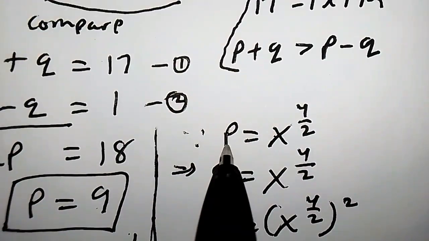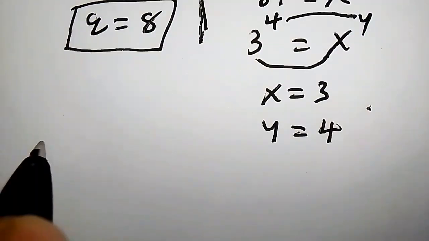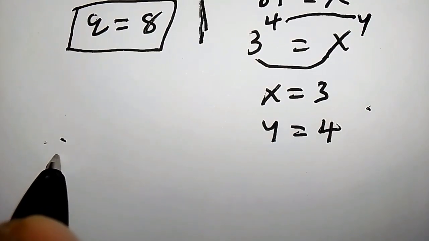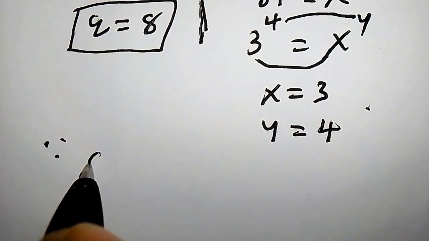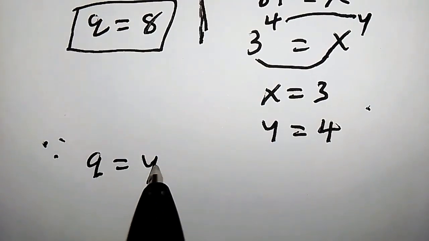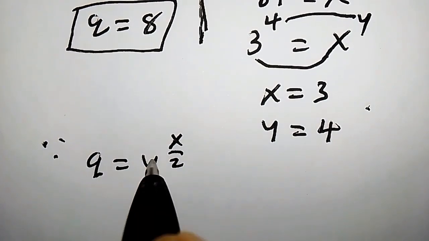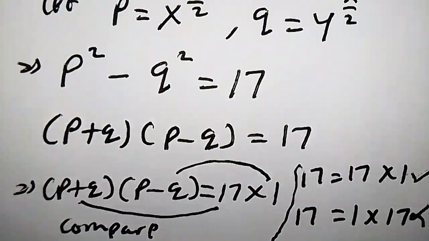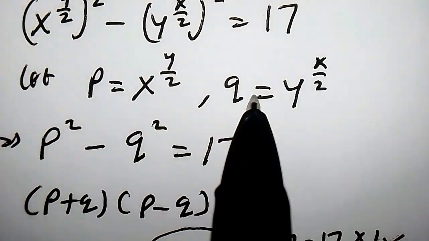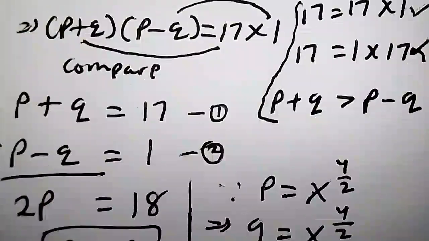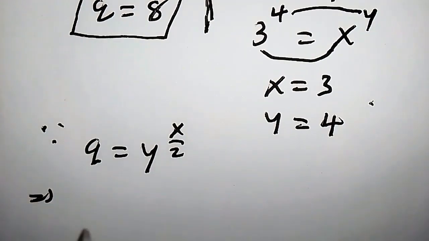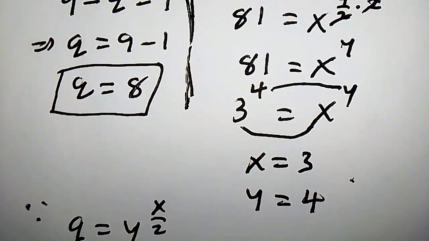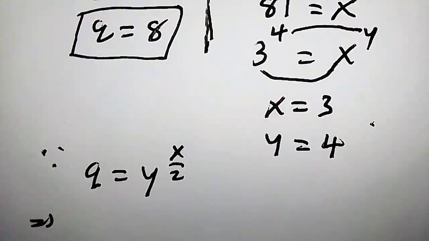Similarly, as we did for p, let's manage this side. Since q is equal to y raised to x over 2, let me show you where we got this from. It's basically from this line. Let's continue. What is q? The value of q is 8.